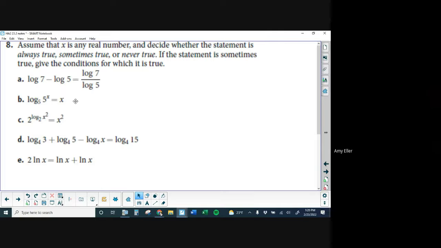There was not even an x in the first one. I'm guessing. Don't share your answers.